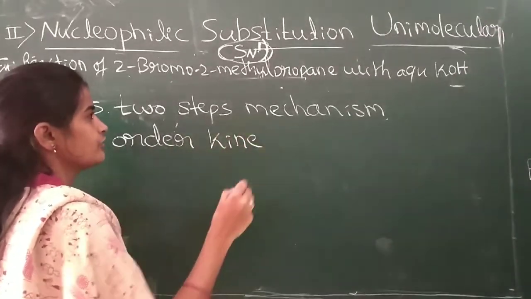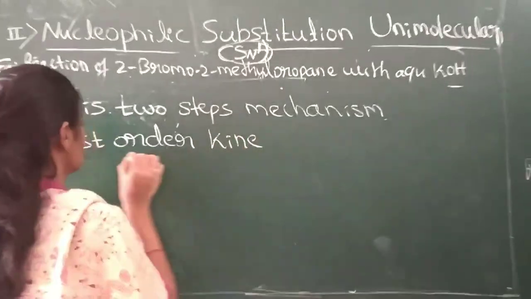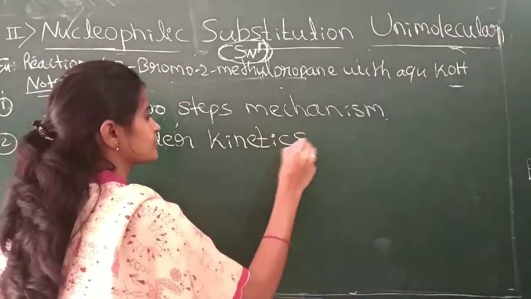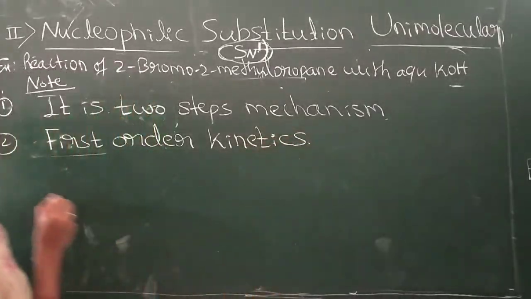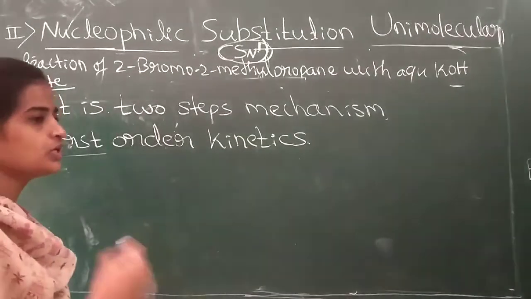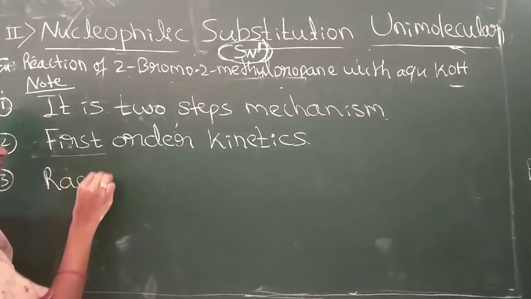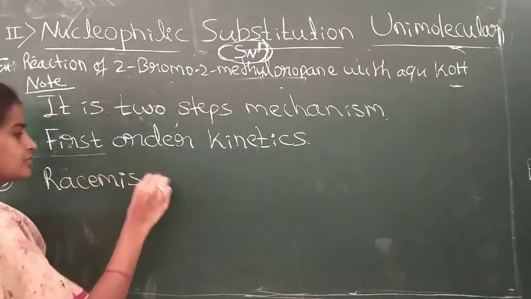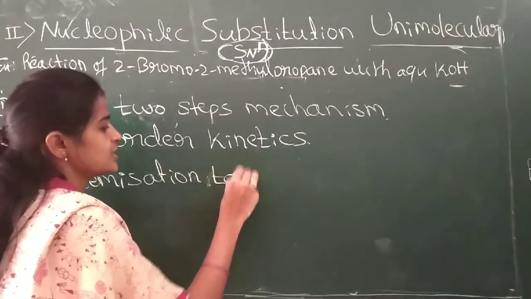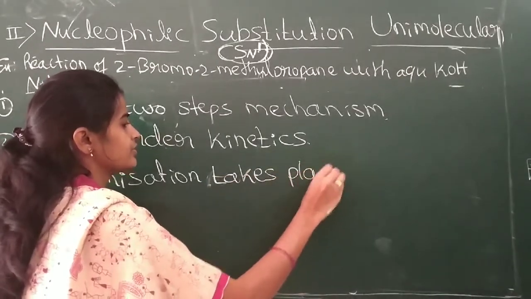What is the order of the SN1 mechanism? It is first order. It follows first order kinetics. Third one, here inversion as well as retention means racemization takes place.